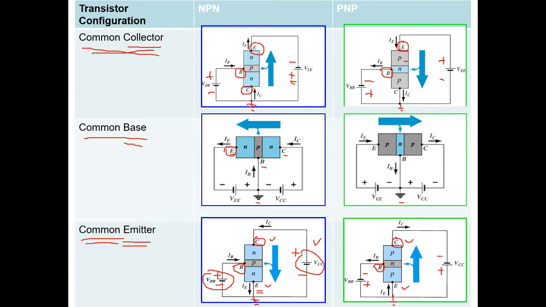The emitter part is N type of material, so N must be connected to negative. If the emitter is connected to negative, your collector must be connected to positive. Remember, it's always vice versa for your emitter and collector. You see here, this emitter is connected to negative and this one is connected to positive.